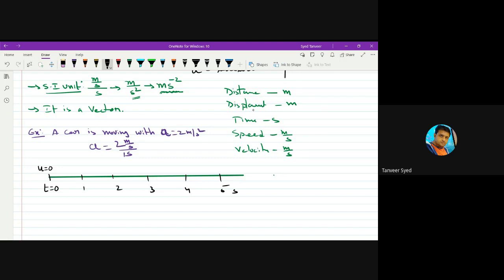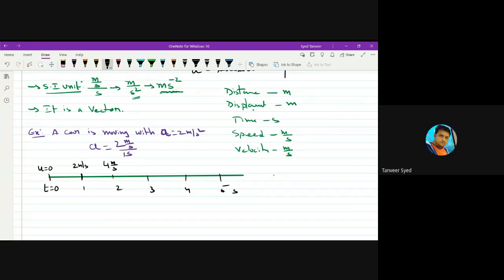That means after starting at t equal to 0 with initial velocity 0, after 1 second, its velocity will become 2 meters per second. In the next second, it will increase by 2 meters per second, so it will become 4 meter per second.